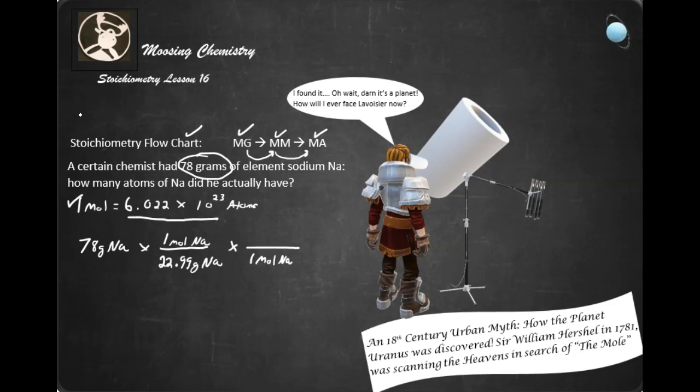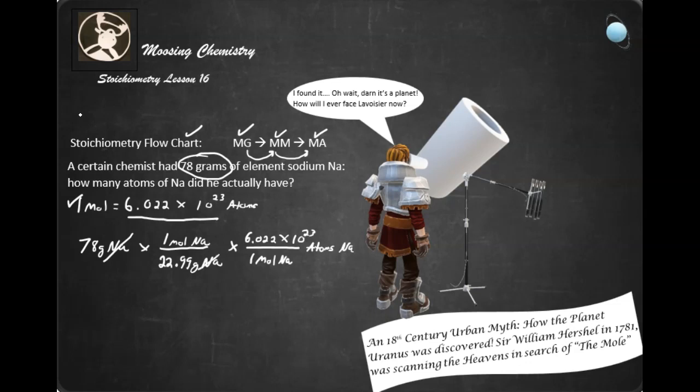So we put that on top. 6.022 times 10 to the 23rd. In this case, we're going to make this atoms. There's going to be other things too. And now we're going to make them atoms of sodium, right? Pretty simple, pretty straightforward.